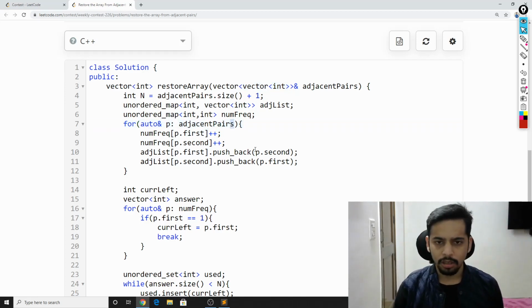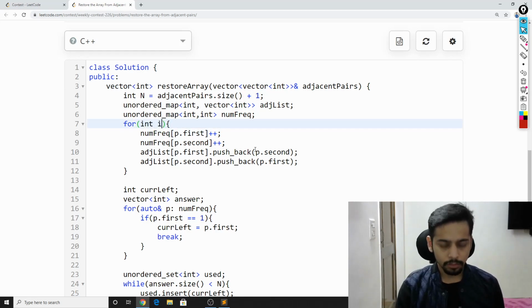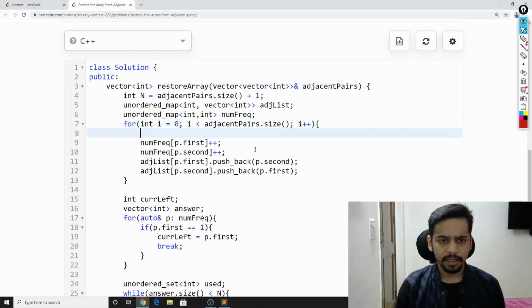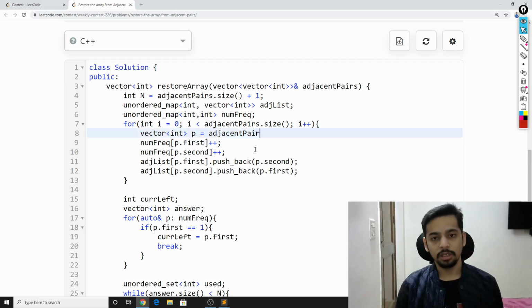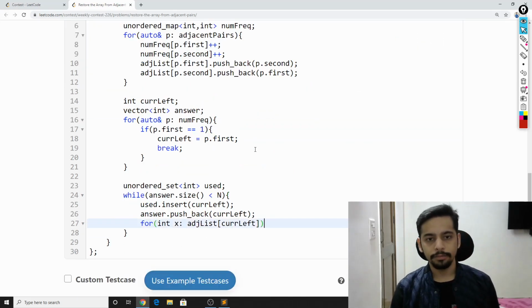Maybe let me just use a trivial loop then. Okay, and then I'll say that my vector int p equals to adjacent pairs. Wait a second. P dot first is nothing, right? Okay, okay. Oh, got it. Sorry.